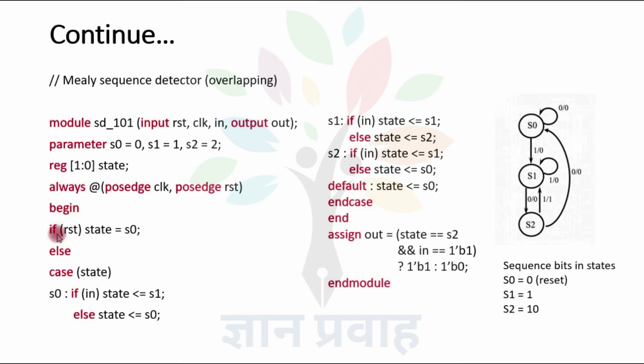Begin: if reset is at logic 1, then state will be S0, because S0 is the reset state. Otherwise, we are using a case statement here, and there are three states S0, S1, S2. If we are at state S0 and the input bit is 1, then the next state will be S1.